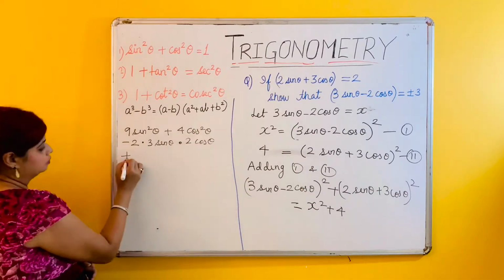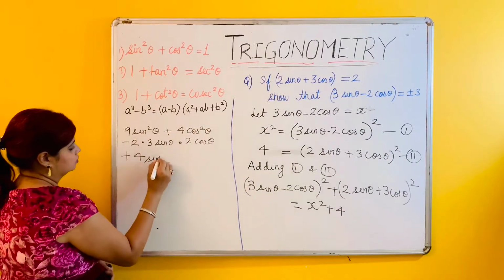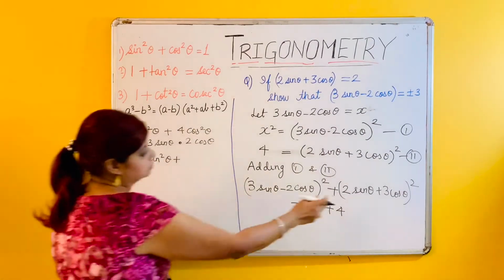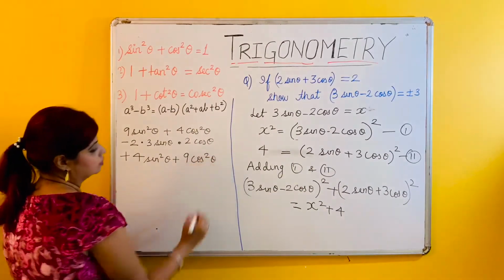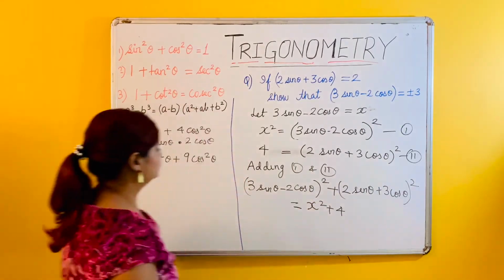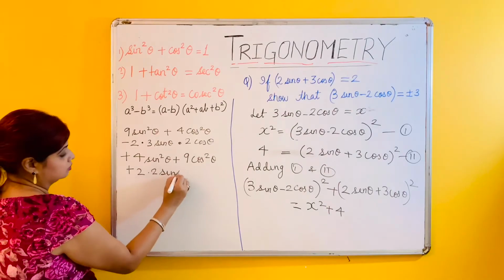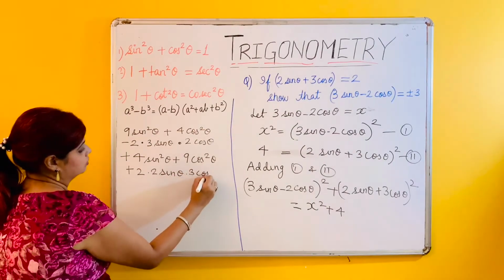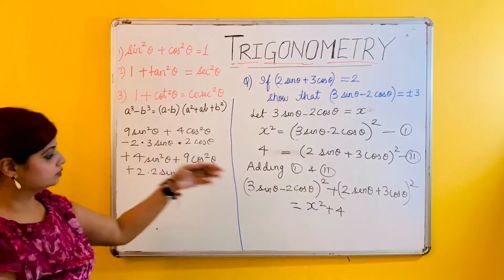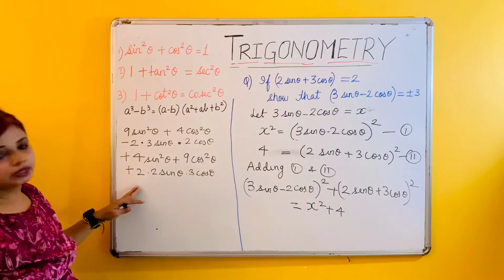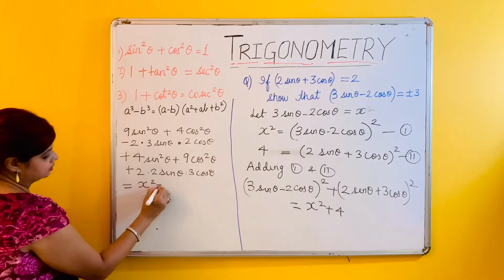And this one is 4 sin square theta plus 9 cos square theta plus 2 into 2 sin theta into 3 cos theta. We just expanded using a minus b whole square and a plus b whole square, the same thing. And this equals x square plus 4.